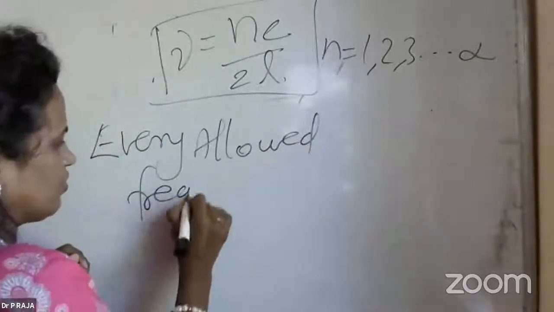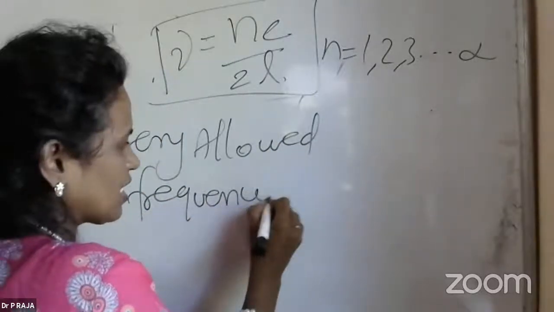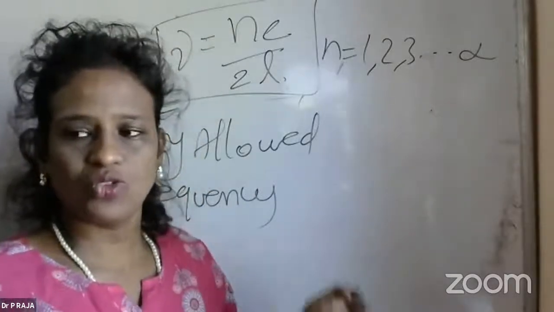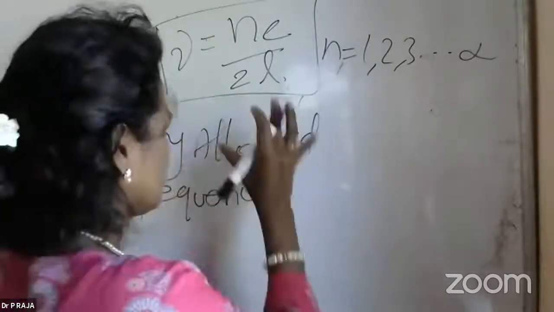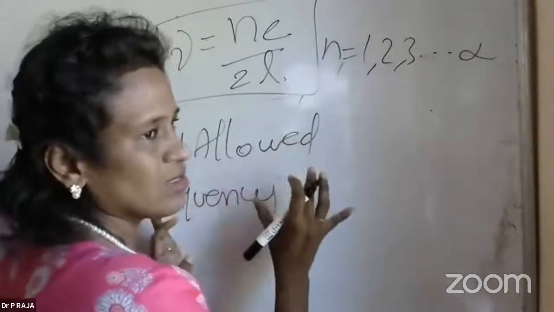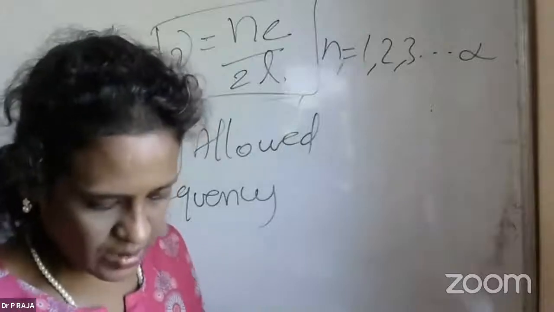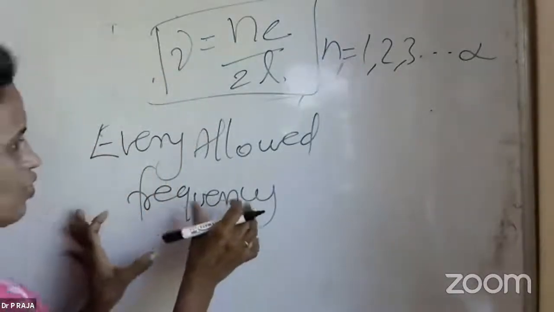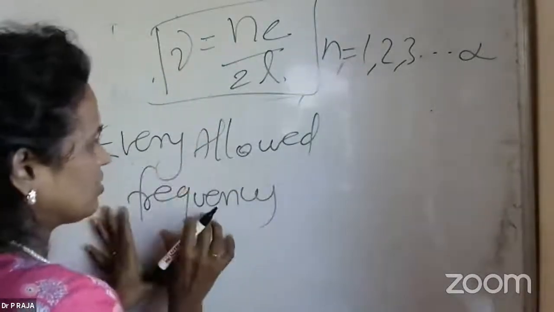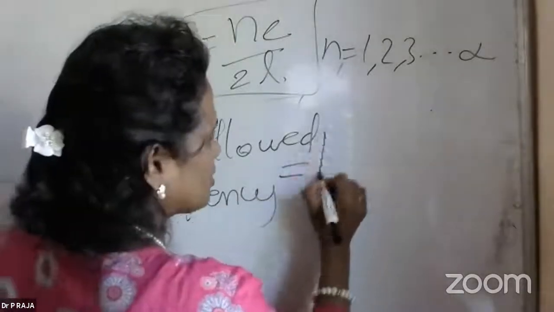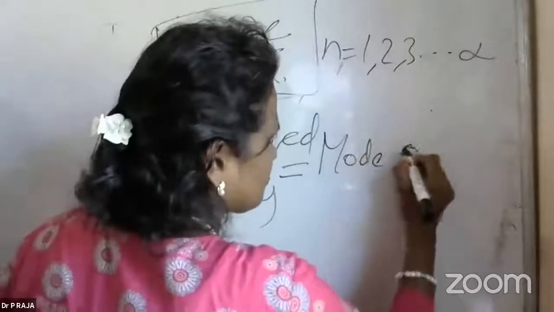frequency which satisfies this entire stationary wave condition, not all the waves, those waves which are obeying, or I can say which are satisfying this condition of the stationary wave, are called the allowed waves with a frequency, which are called the mode of vibration.